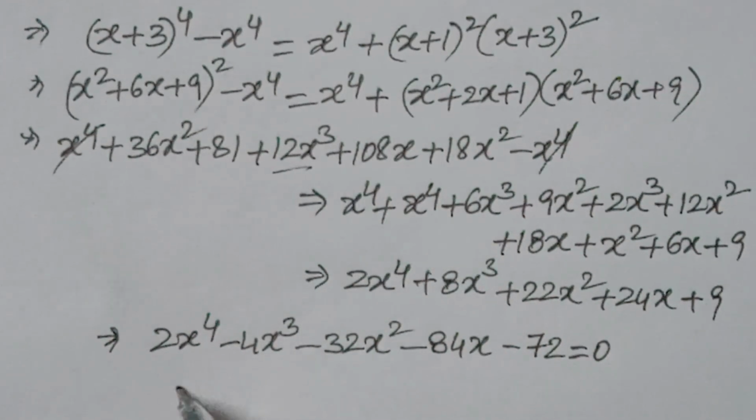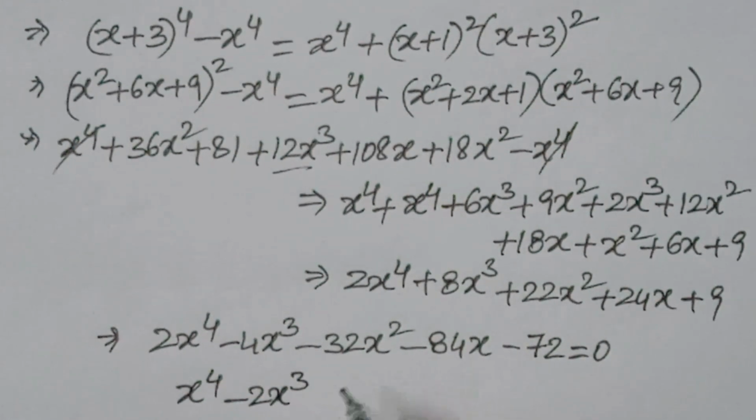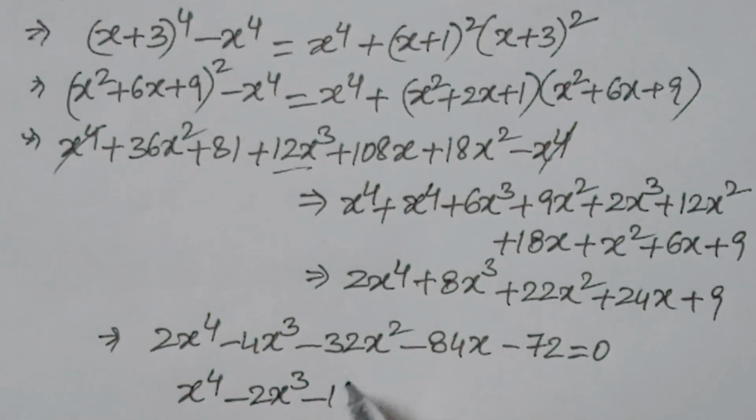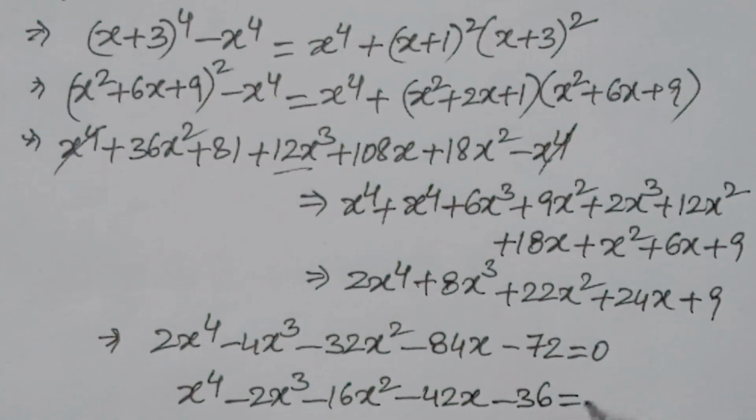So if you take 2 common, x to the power of 4 minus 2x cube minus 16x square minus 42x minus 36 equal to 0.